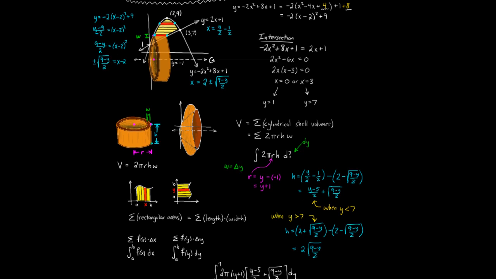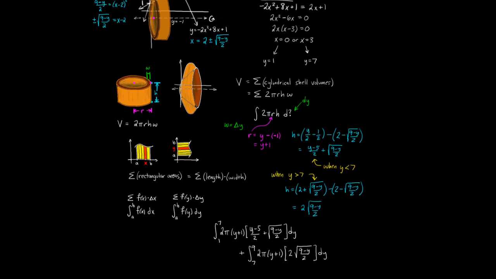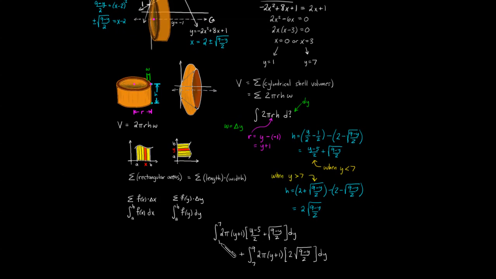Okay, so let's scroll this up a little bit so we can see what's going on here. Okay, so one integral is valid for 1 through 7 in terms of the y values, and there we're using all of this information. Okay, dy, of course, y plus 1 for our radius. Don't forget your 2 pi over here, and then in brackets we have our h value.